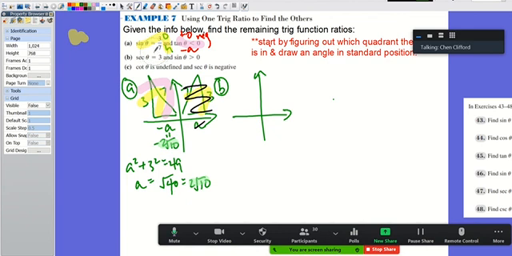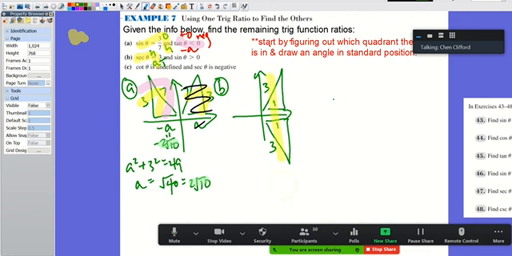And this is 3 over 1. So we have two possibilities right now. Hypotenuse is 3, adjacent is 1, and that's two possibilities based on the yellow.